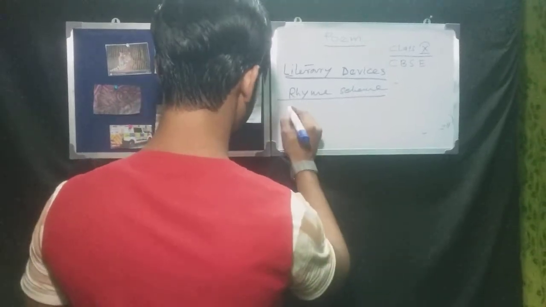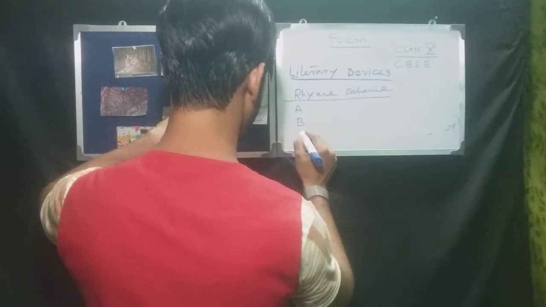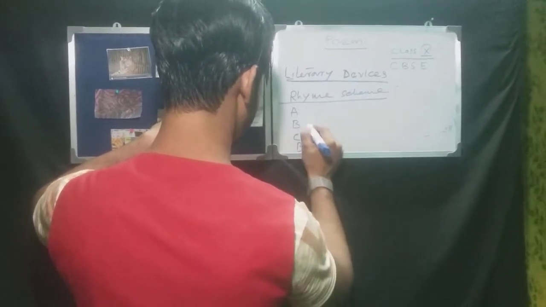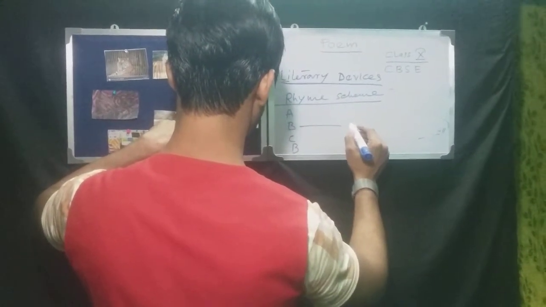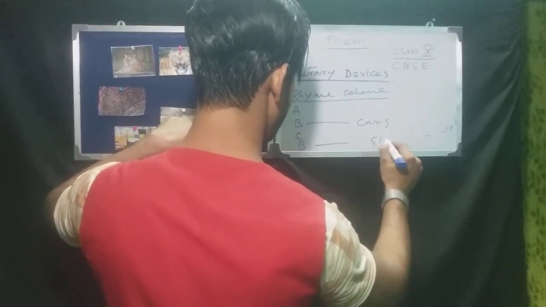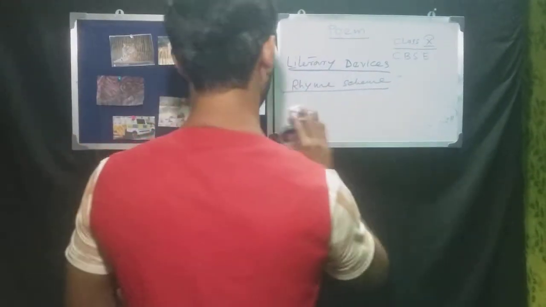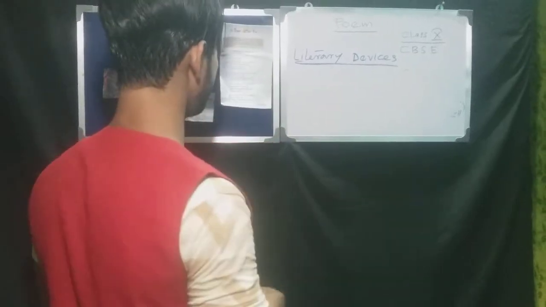Rhyme scheme: A, B, C, B. Cars, stars. It's a rhyme scheme. A, B, C, B. It's the rhyme scheme of this stanza of the poem.